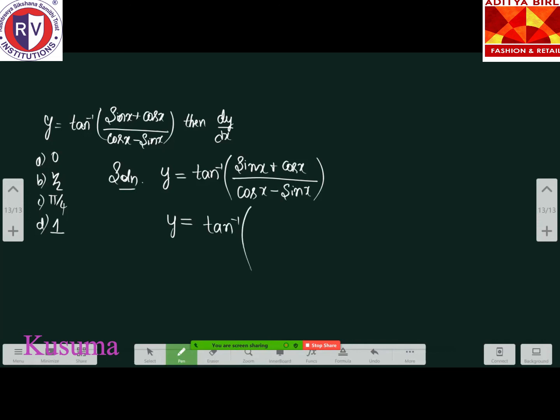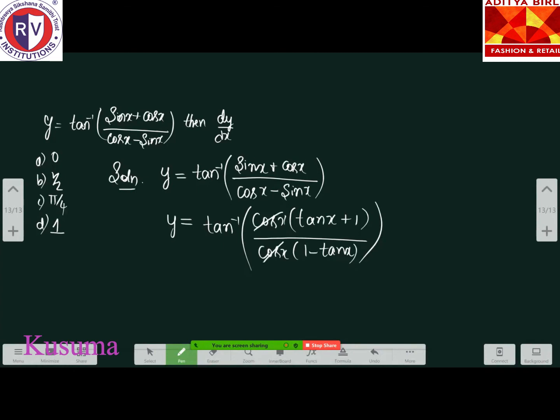See here, in the numerator, let us take cos x as common. So what is left out is sin x by cos x, that is tan x plus 1, divided by, if we take cos x in the denominator common, we will have 1 minus tan x.